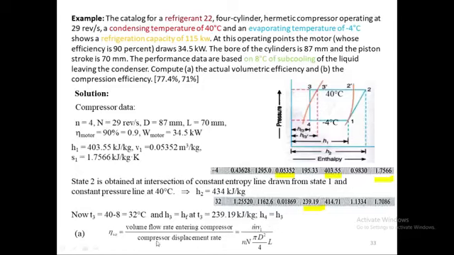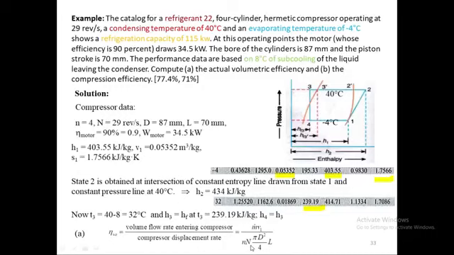Alright. So the actual volumetric efficiency is the volume flow rate entering the compressor, m dot V1, divided by the compressor displacement rate, which is pi by 4 D squared into L into N into n.